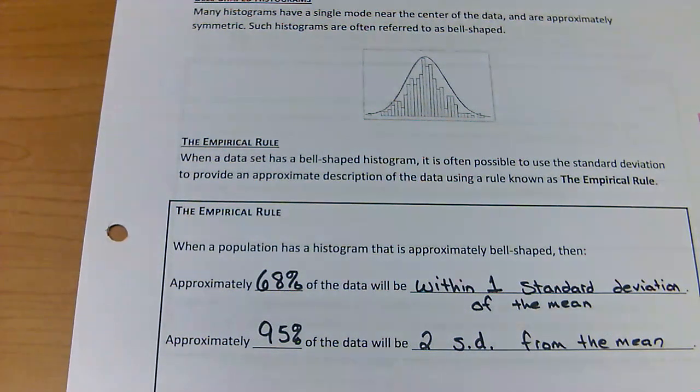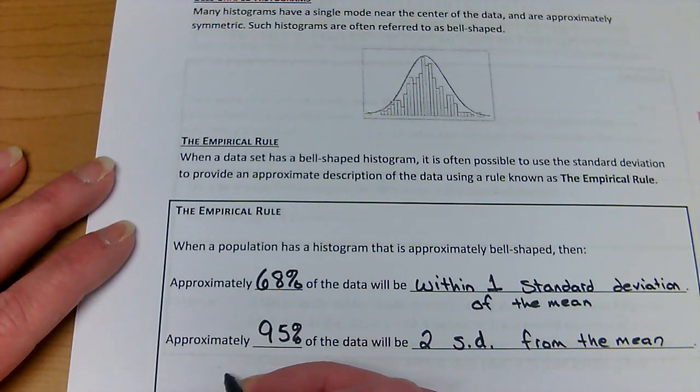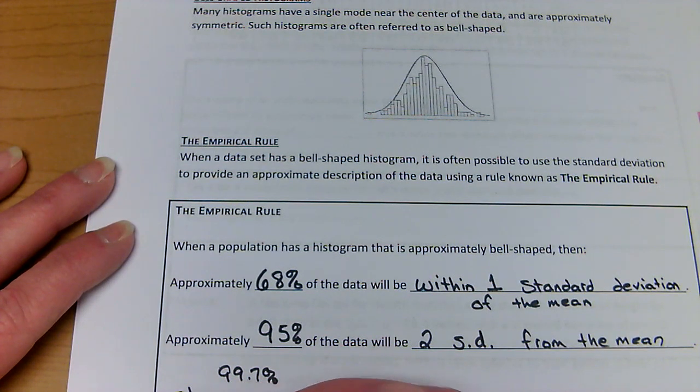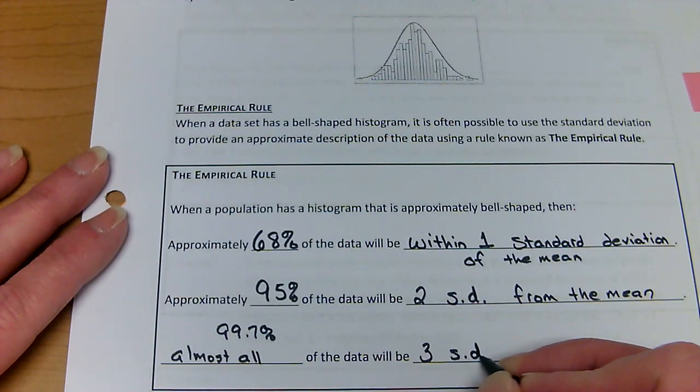I mean, almost all of it. And technically, it's 99.7%. Almost all of the data will be three standard deviations from the mean.